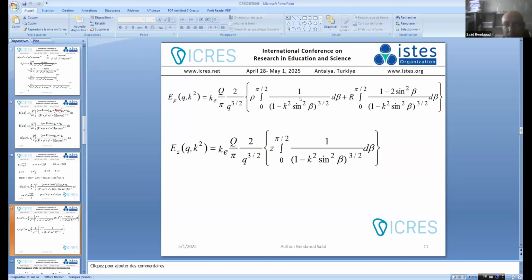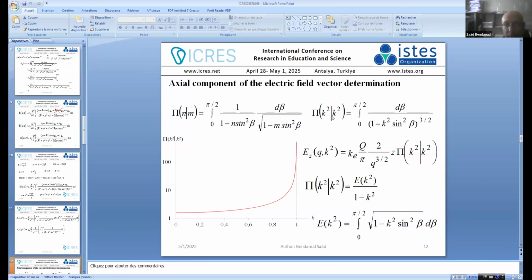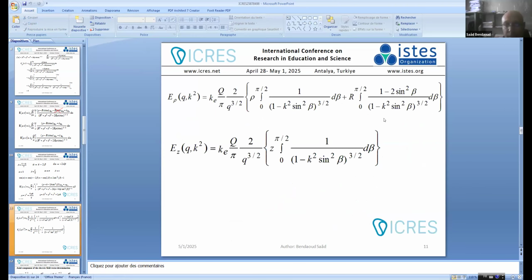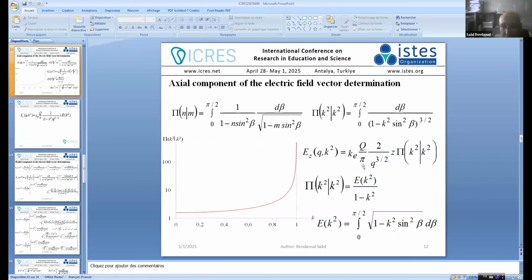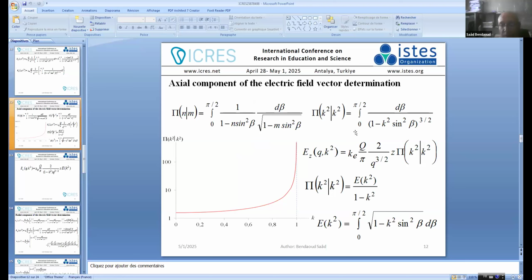This form here, where n equals m equals k squared, we have this form, and this form is exactly this form here. And we can replace this integral by its expression, and we found finally the expression of the axial component of the electric field.